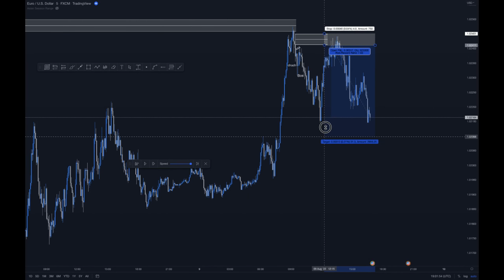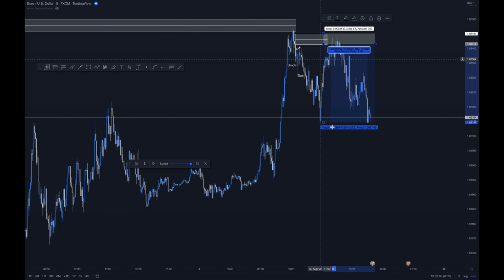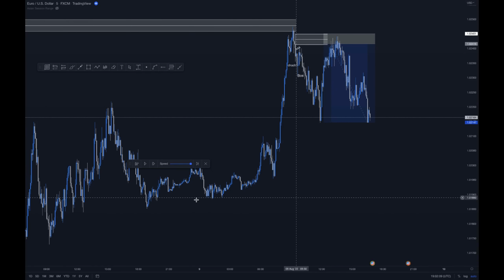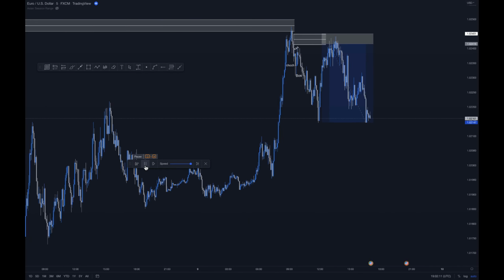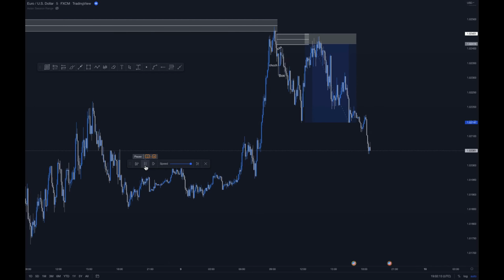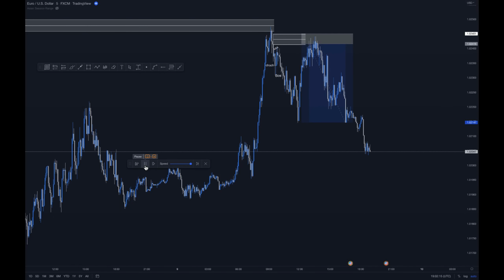As you can see, this is a nice trade. I remember I actually went 50% of this price right here. I remember that was what made it 1:7. Yeah, so this is what we have on Euro USD at the moment.